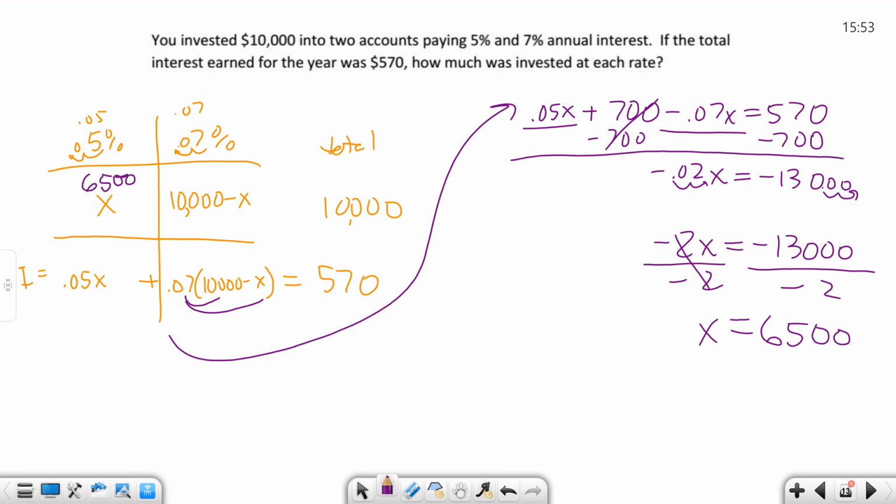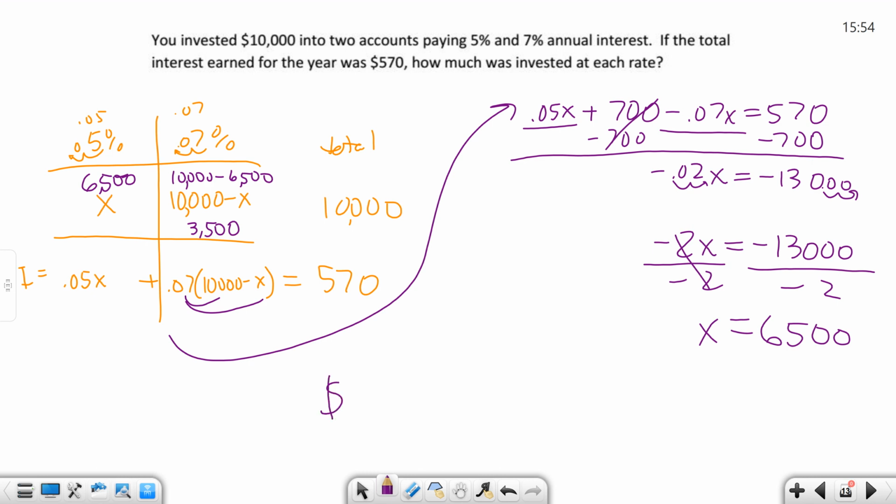So then this is going to be 10,000 minus 6,500, which is what? 3,500. I didn't put it on here with blanks like I would on a test, but typically I'll have x number of dollars at what percent and x number of dollars at whatever. So here it is important. You can't just say 6,500 and 3,500. You got to tell me 6,500 at what percent.